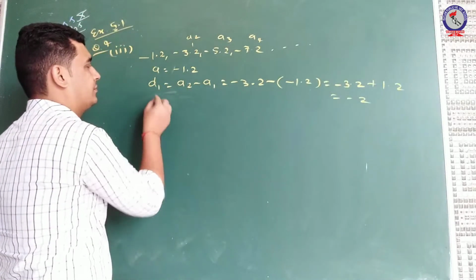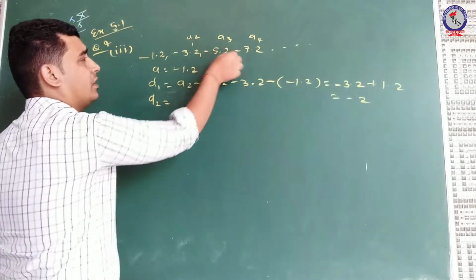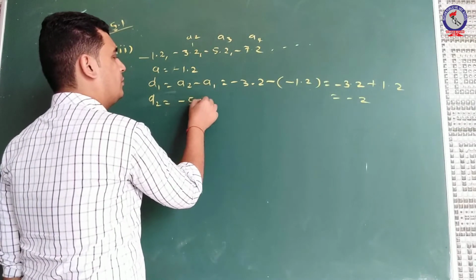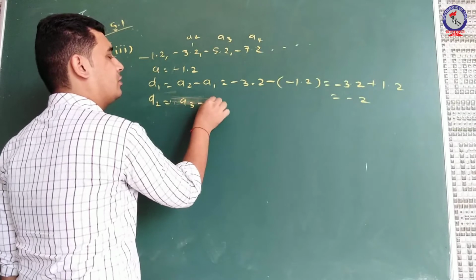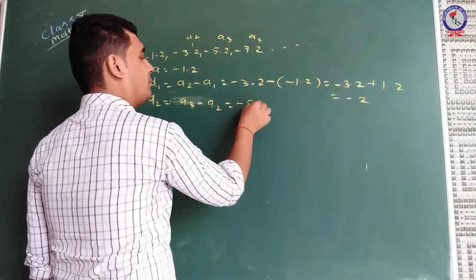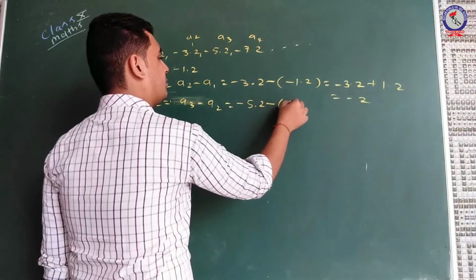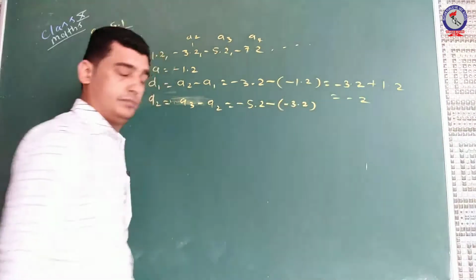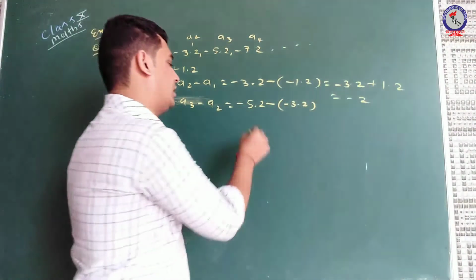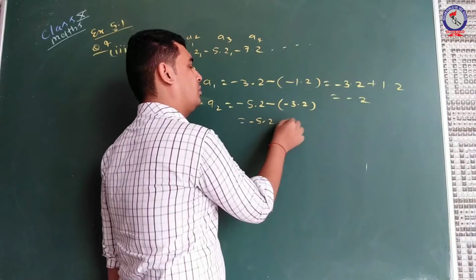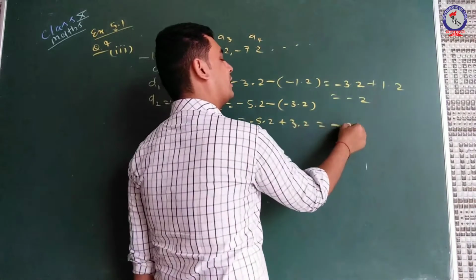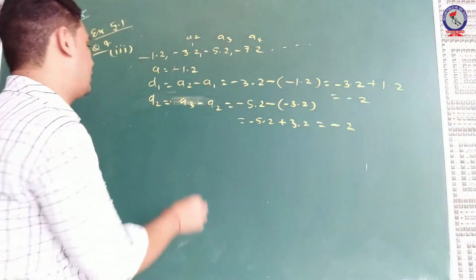So D2 is what? A3 minus A2, minus 5/2 minus minus 3/2, again minus 5/2 plus 3/2, that is again minus 2. D1 and D2 are equal.